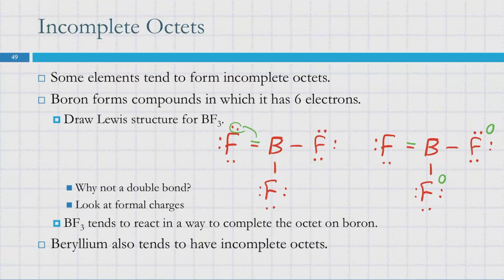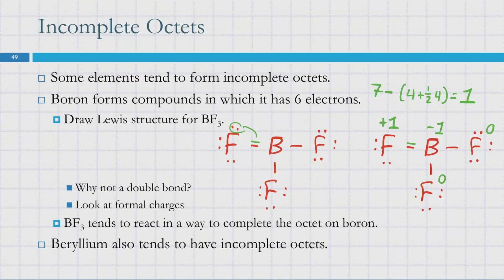Our left fluorine is going to have a +1, 7 minus 4 plus 1/2 of 4, based on that formula. So it's in contact with 6 electrons. And our boron in the middle, boron normally has 3 valence electrons, and it'll be in contact with 4. So that would give it a -1.